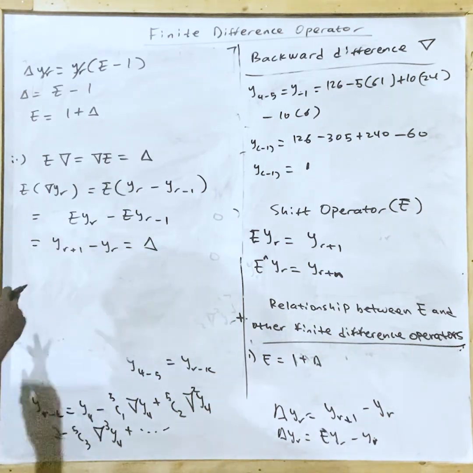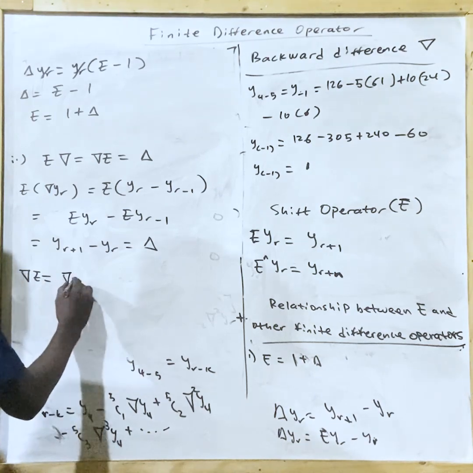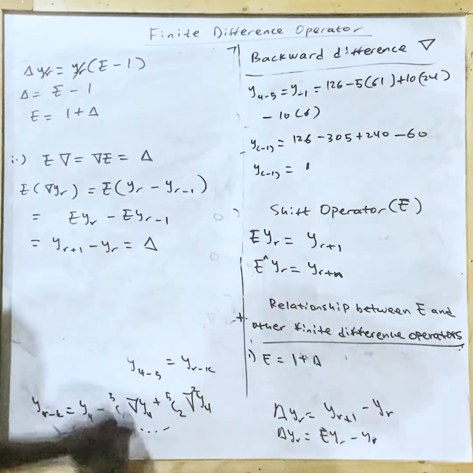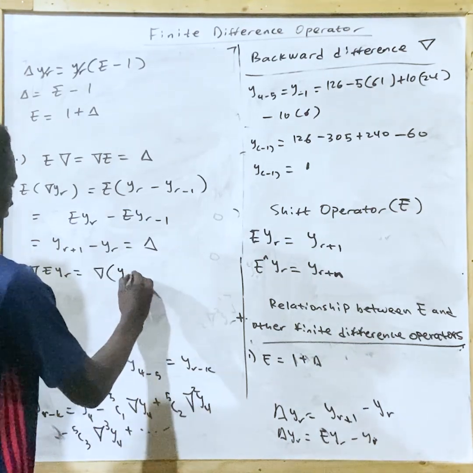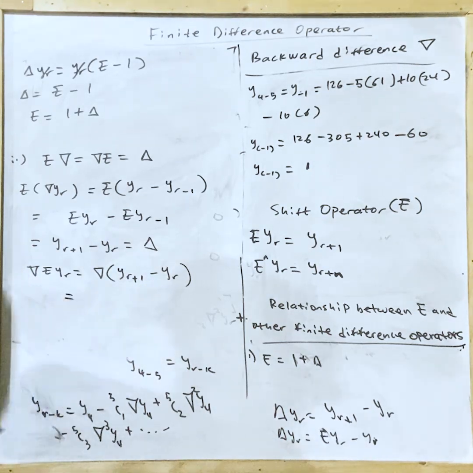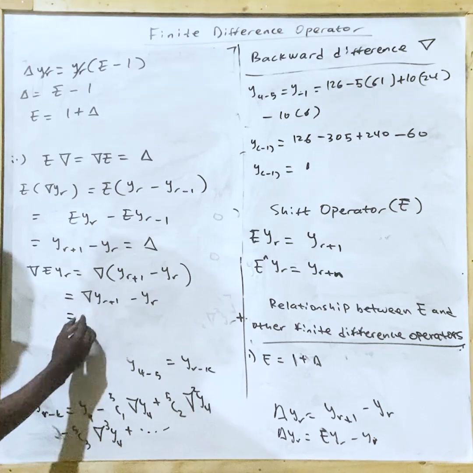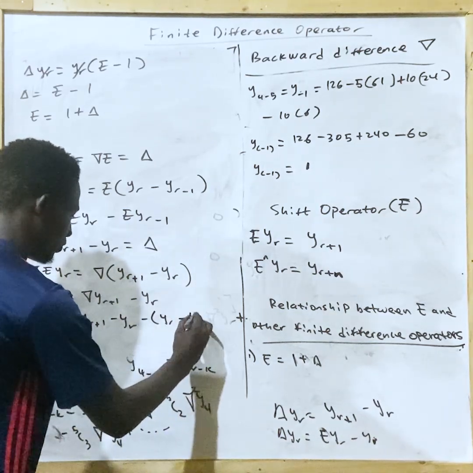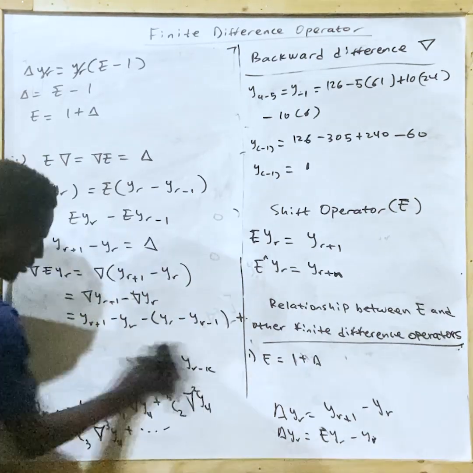Let me go the other way around. Backward difference of E yr equals backward difference of yr plus 1 minus yr.